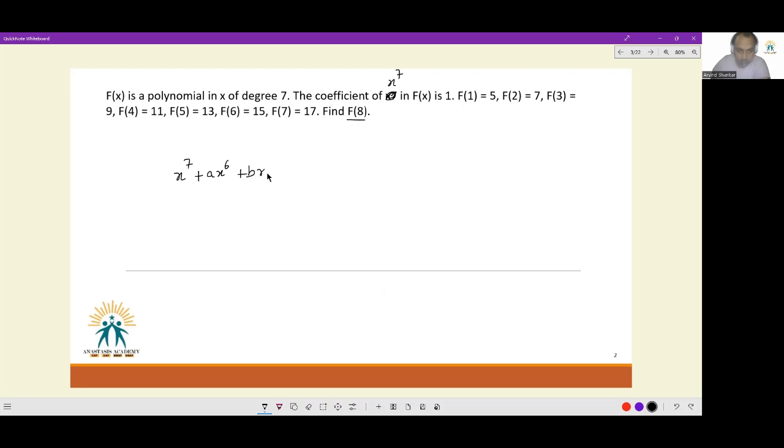this is how the expression would look like: x to the power 7, 6, 5, 4, 3, 2, 1, and 0, some constant. This is how the entire expression would look like. Additionally, given that this is a polynomial of degree 7, there are 7 linear terms that are multiplying.